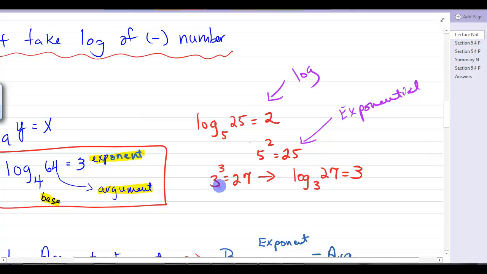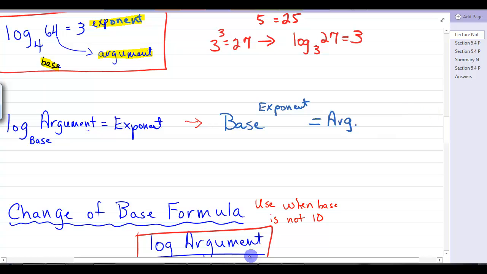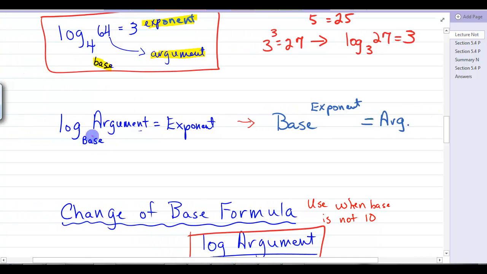And then if you had the exponential first, 3 cubed equals 27, you have the log base 3 of 27 equals the exponent 3. All right, so you might be asked to go back and forth. These are important to remember. Log base of the argument equals the exponent, base to the exponent equals the argument. And so if you had to go back and forth, those are good to have as a reference.